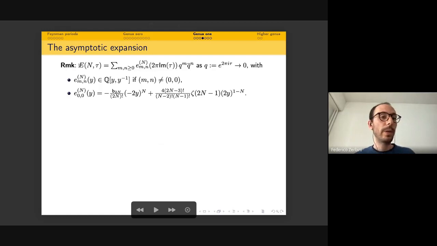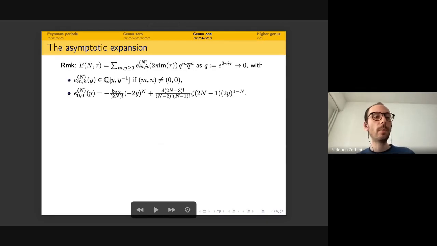First of all, the real analytic Eisenstein series E of n tau have an asymptotic expansion as q goes to 0, which is well known. So you have q to the m, q bar to the n, and you have 2 pi imaginary part of tau. This is a Laurent polynomial in 2 pi imaginary part of tau, which depends on big N and then on m and n.